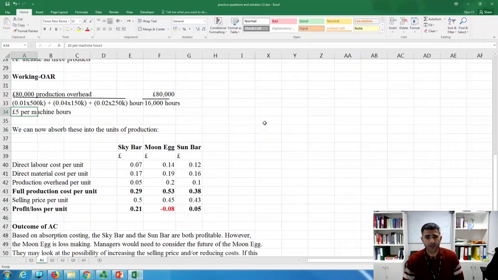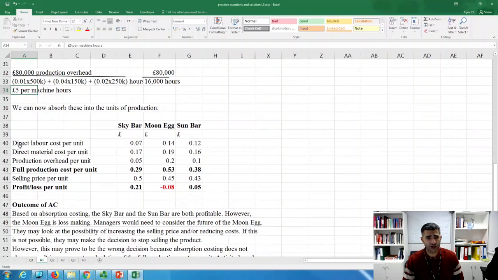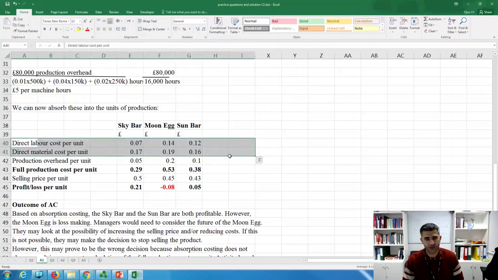So now let's come to the cost. In order to calculate the cost per unit, first you need to include the variable cost per unit, including the labor cost per unit and the material cost per unit. Again, we have no issues really. You just copy and paste from the question. Our issue, all about the costing techniques, is about the overhead.